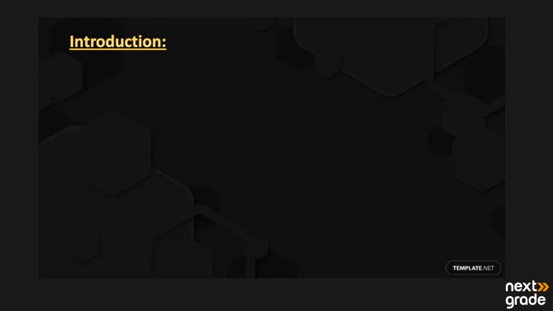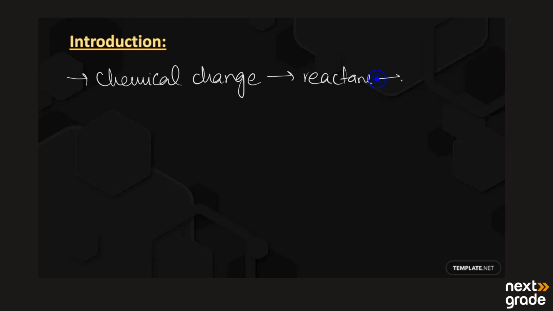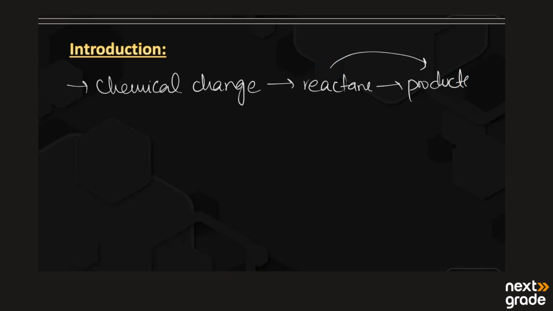Whenever there is a chemical change, or a chemical reaction takes place, we see that the reactants change into the products. We have learned that when the reactants change into the products, this reaction is called the forward reaction.